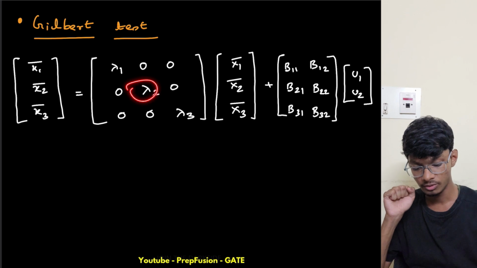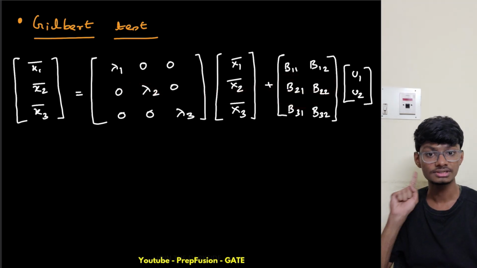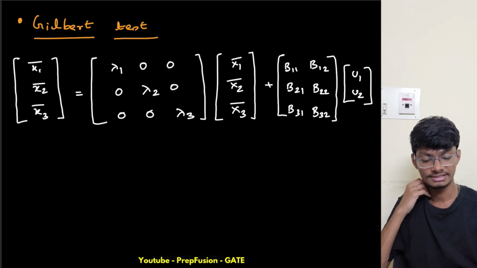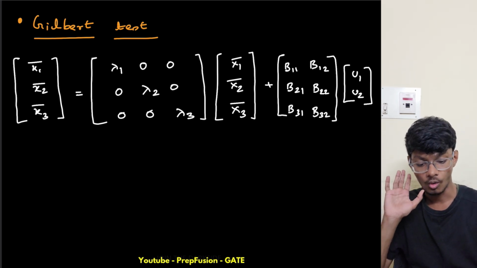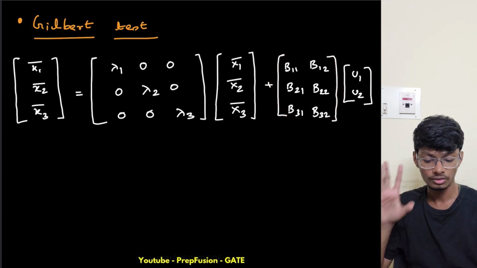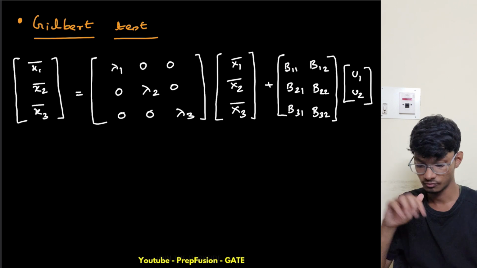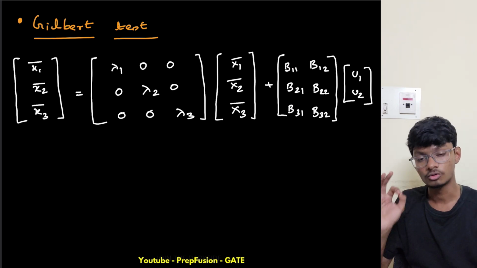Let's say along this lambda 2 row, the second row of the B matrix, all elements are 0. Then this system won't be controllable. So not all, but at least one element of each row has to be non-zero for it to be controllable.